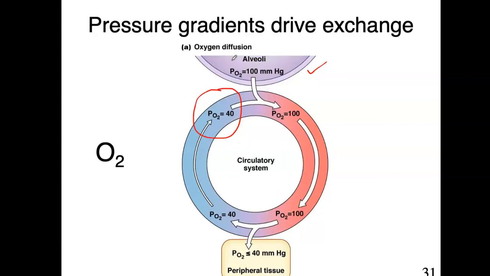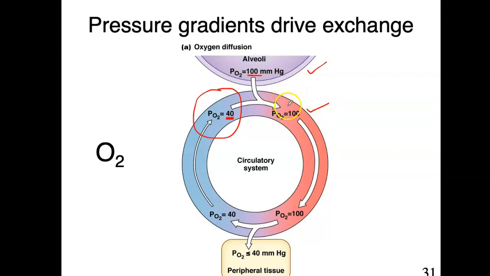Then you know that this 100 here is higher than the 40 that's in the venous end of the capillary. So this is going to be able to cross through. And more will cross through and more will cross through until those two pressures are equal. That's as much as you can put in there. It has to be higher pressure to lower pressure.